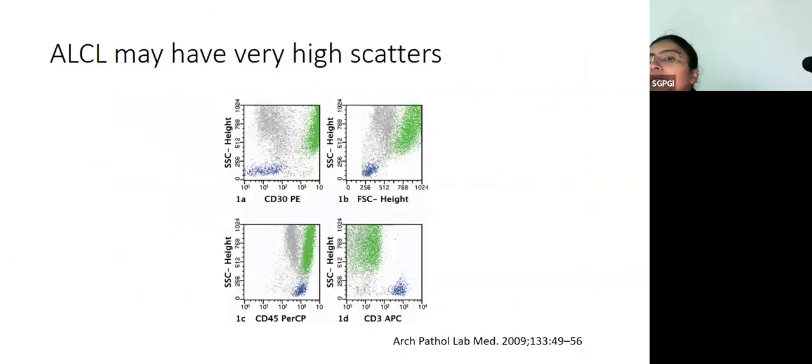The other thing to remember is that anaplastic large cell lymphoma may have very high scatters. So don't limit yourself to the 45 dim region, because these are large cells, they have embryo-like nuclei, and they also have vacuolation very frequently. So this is from an example of a published case where you see that the scatter is nearly as high as the normal neutrophils.